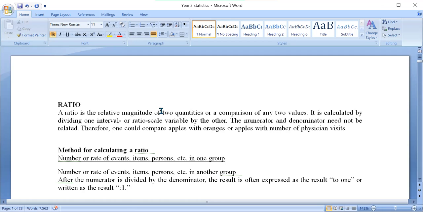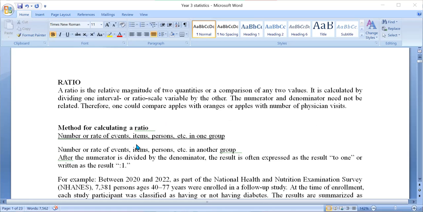As health workers, community health workers, public health workers, we make use of ratio to make some important analysis. It can be used as an analytical tool. It can also be used as a descriptive tool. When we get there, you will understand what we mean by analytical tool or descriptive tool.